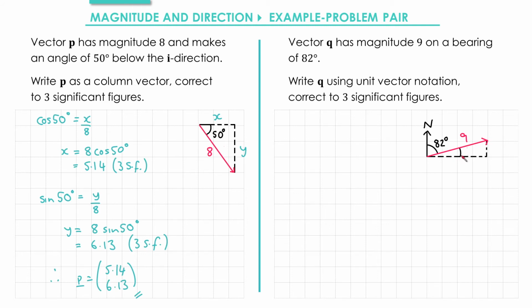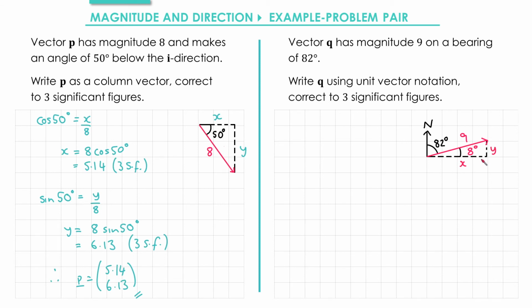To get the angle inside my triangle, I can use the fact that north and the i direction here are going to make a right angle. So if this is 82 degrees, then I'm left with 8 degrees for the other angle. I'll call the base of the triangle x and the height y.